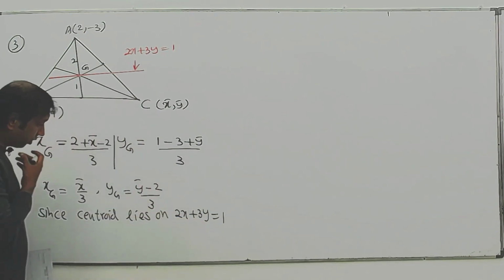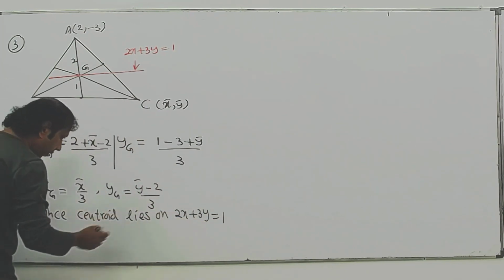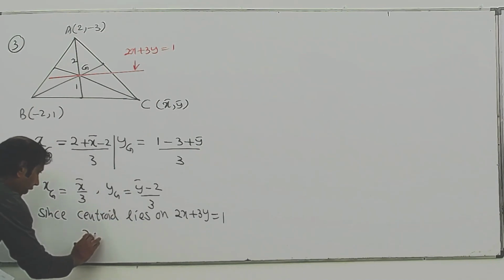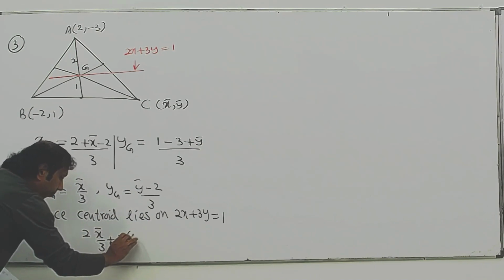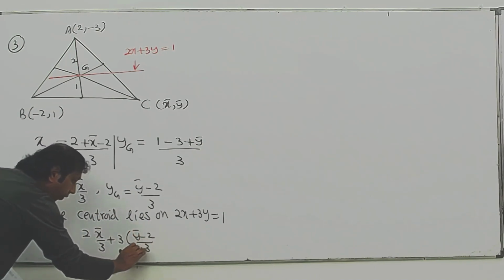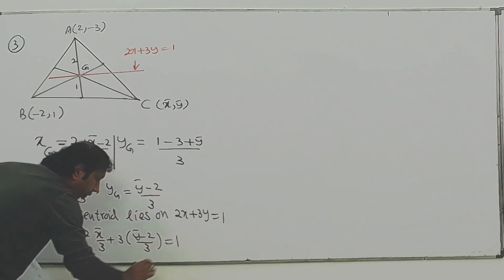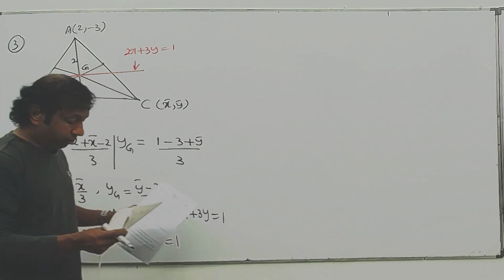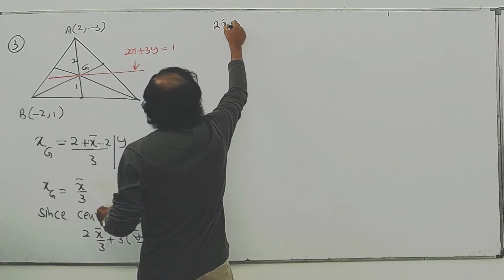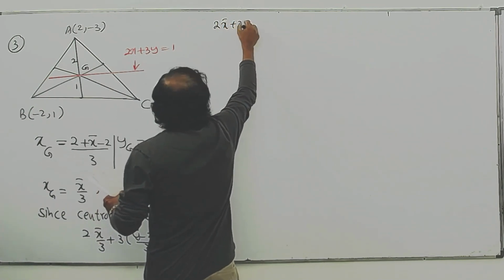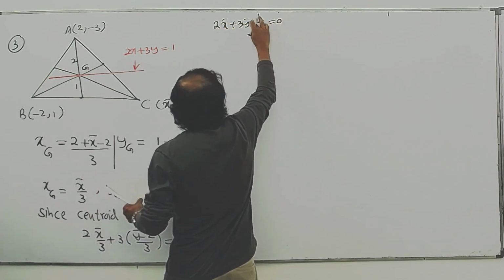Then you get the relation between x bar and y bar. That is the required path. 2 times x bar by 3, plus 3 times (y bar - 2) by 3 equals 1. So once you simplify this, you get 2x bar + 3y bar - 9 = 0. Right. This is what we get there.